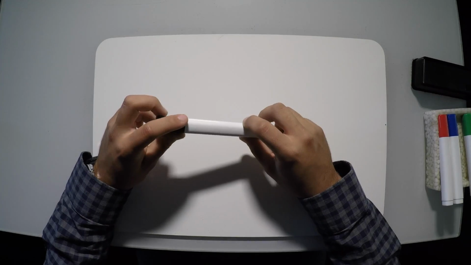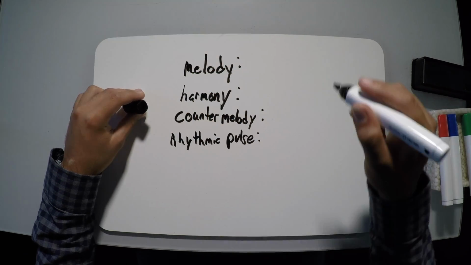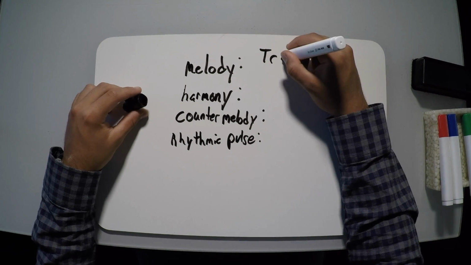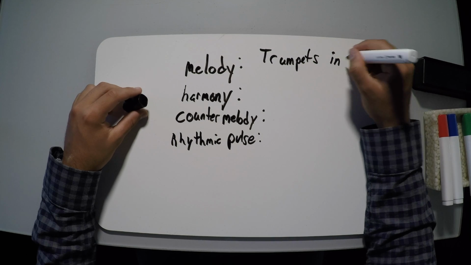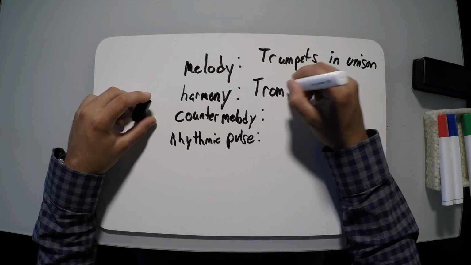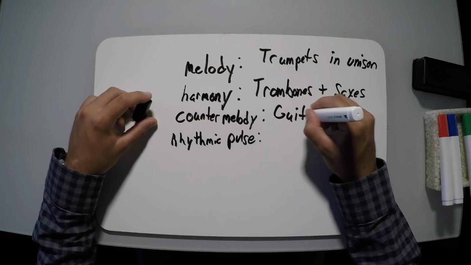So let's talk about instrumentations for melody, harmony, counter melody, and rhythmic pulse. So let's say you've got all four of those elements in one big band piece. For example, your melody could be your trumpets in unison. Harmony could be your trombones and saxes. Counter melody could be your guitar.